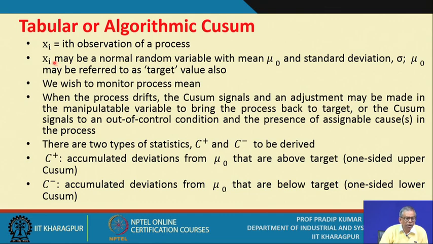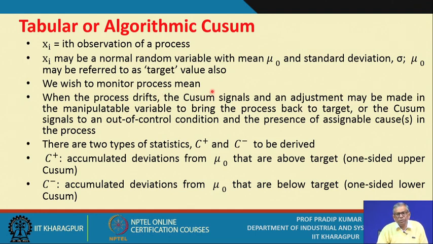So suppose x is the output, or the response variable, for a particular process. You may assume it to be a normal random variable with mean mu0 and standard deviation sigma. Is it clear? Whenever you have the data with you, you can have an estimate of mu0 and an estimate of sigma. Mu0 may be referred to as the target value, that is the mean.